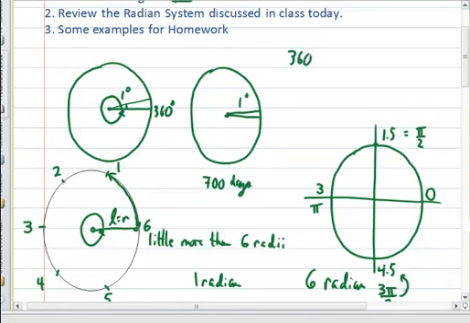So 360 degrees for one circle for degrees, but in terms of radians, you have 6.28 radians for the angular distance around a unit circle. Take care, and I look forward to hearing your feedback tomorrow.